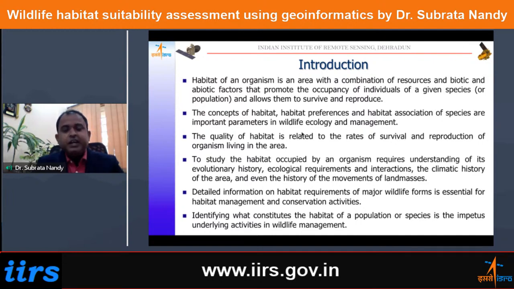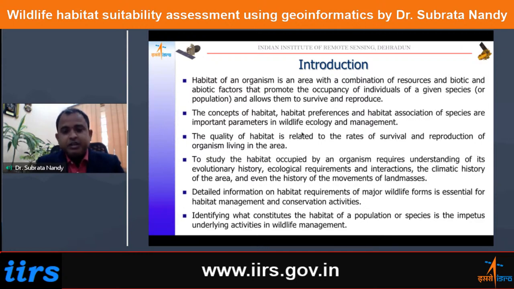To study the habitat of an organism, it requires the understanding of its evolutionary history, ecological requirements, and interactions, the climatic history of the area in some cases, and even the history of movements of land masses for some of the species.